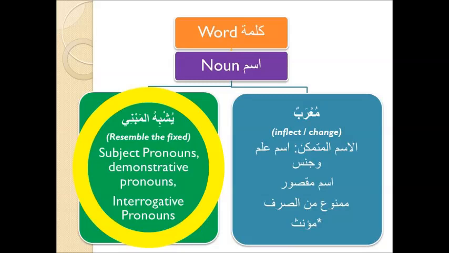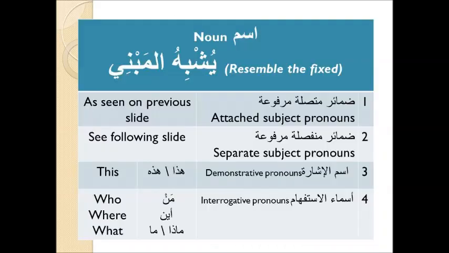Back to the noun chart, we will first look at those nouns which don't change, the mabni nouns. The nouns which don't change, we covered, are four different types. 1. ضمائر متصلة مرفوعة, attached subject pronouns, as we have seen on the previous slide.